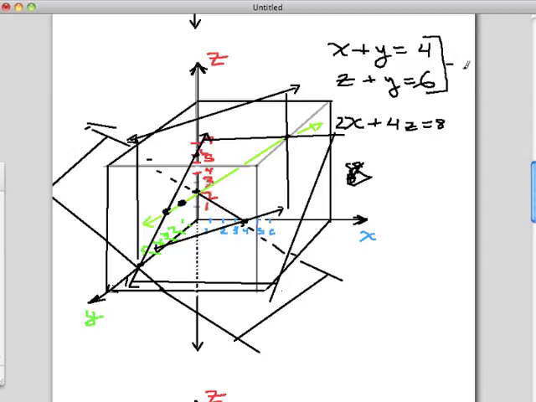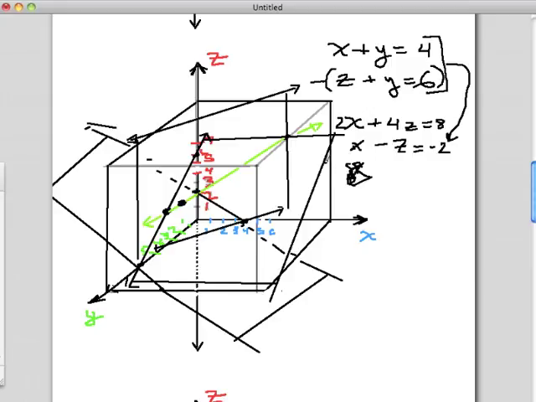Through elimination. Okay, if x plus y is 4 and x plus y is equal to 6, then it must be true that if we subtract these two, take the top equation and subtract off the bottom equation, the y's will disappear, but we have x minus z is equal to minus 2.